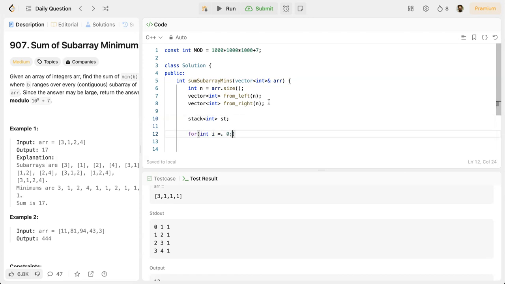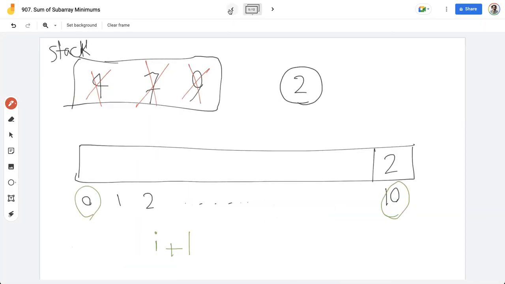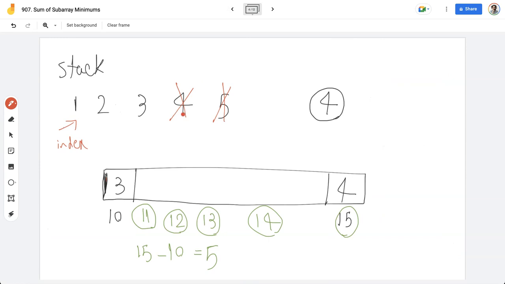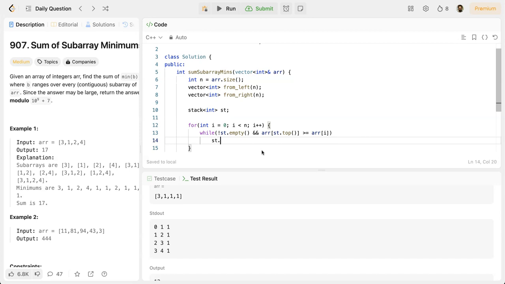So for int i equals 0, i is less than n, i plus plus. While st is not empty, and r of st.top is greater than or equal to r of i, st.pop.